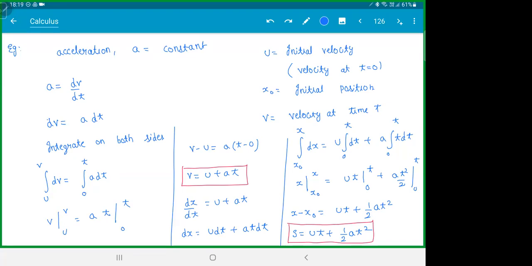I'll write s as displacement in the next page. But please look at the steps how I did that. So basically I integrated here 2 times.